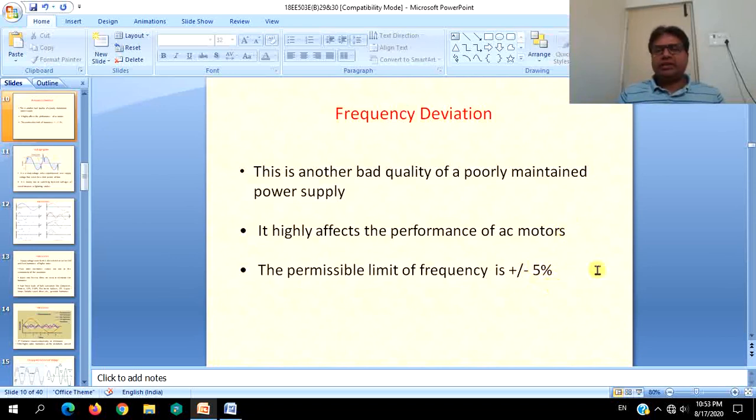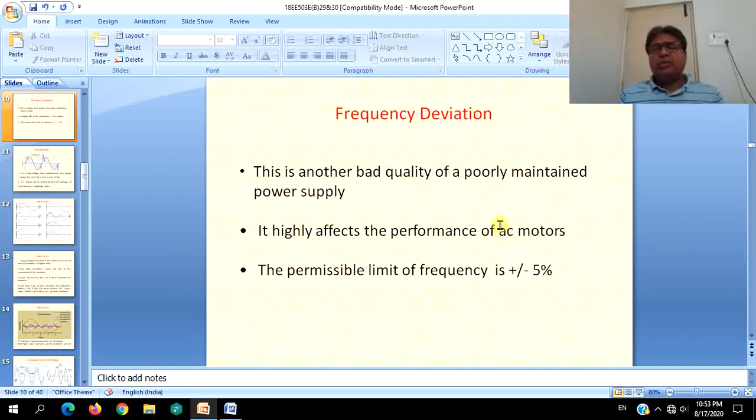5% of 50 Hz is 47.5 Hz if it falls below the nominal value, and above it is 52.5 Hz.